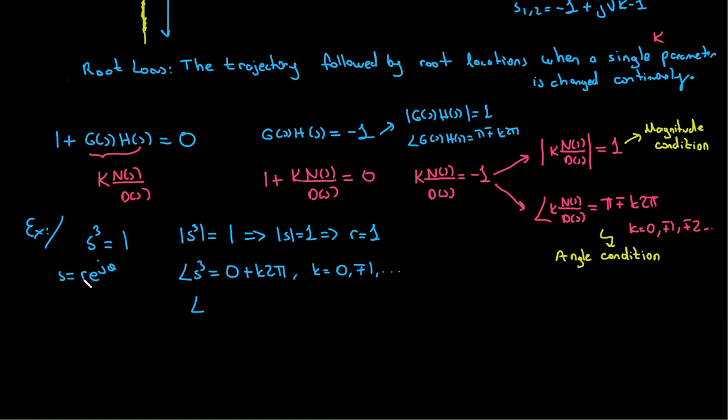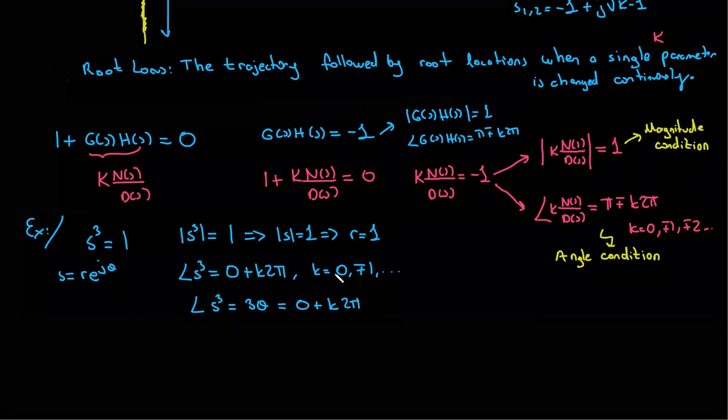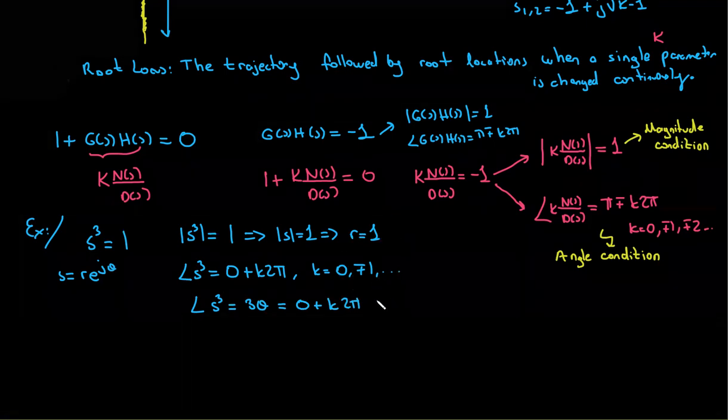If s is equal to r times e to the power j theta, it's 3 theta, right? And 3 theta should be equal to a multiple of 2 pi, k times 2 pi, k starting from 0. So maybe you can tell me these angles.